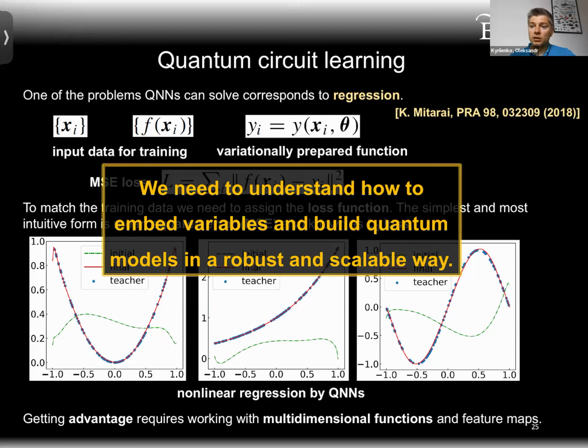So in this case, the initial heuristics work, but the understanding of why and how you embed variables, why you build models in this way, was unclear. So that's what many researchers later tried to understand, and we now have some basic building blocks in terms of embeddings and manipulating the data.